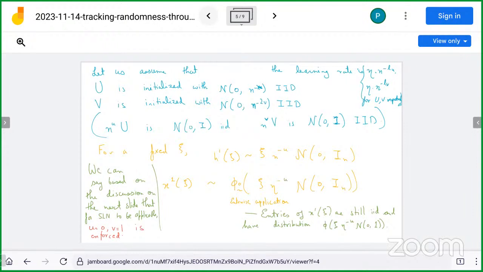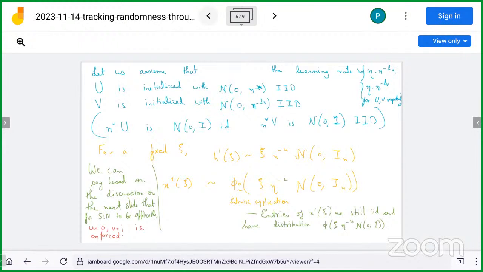So the variance is like 1 minus the square. Yeah, that's correct. Which means that you take a standard normal and multiply by 1 over n.